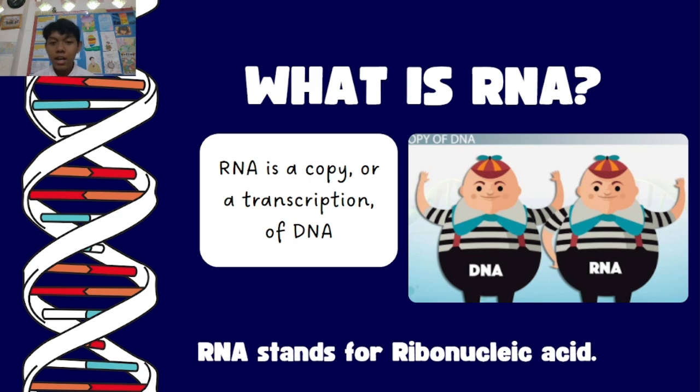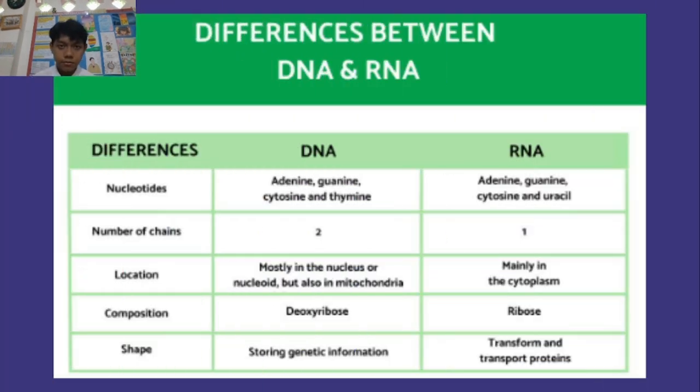What is RNA? RNA is a copy or a transcription of the DNA, and RNA stands for ribonucleic acid. And the differences between DNA and RNA. The first difference is the nucleotides.